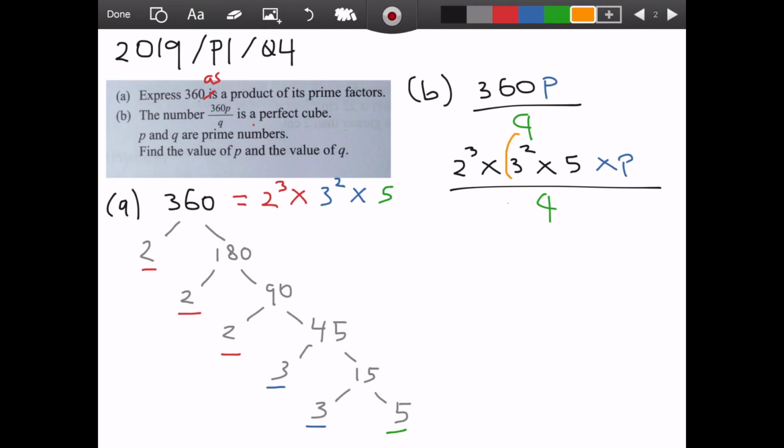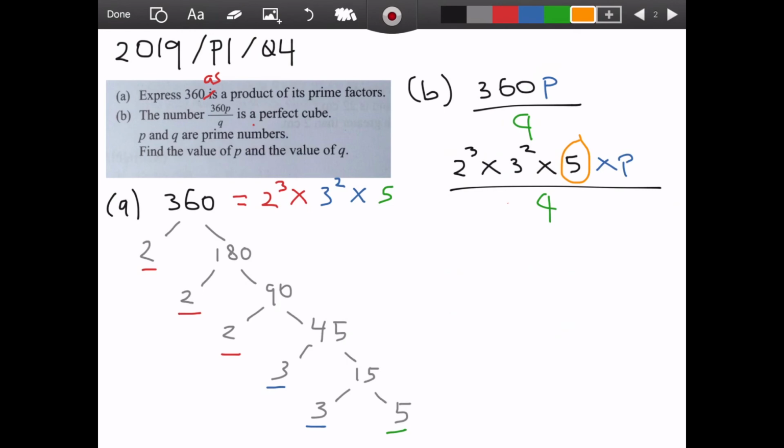But how about the prime factor 3? It has power of 2. So it means we have to do something about it, right? Either we eliminate 3 to the power of 2 altogether, or otherwise we multiply by another 3 in order to make it a power of 3. Then this fits the definition of a perfect cube. Okay, how about 5?